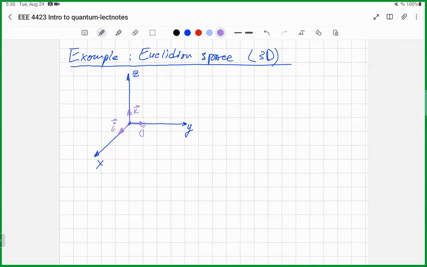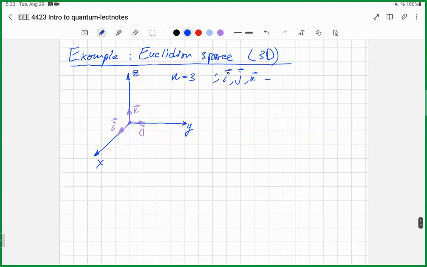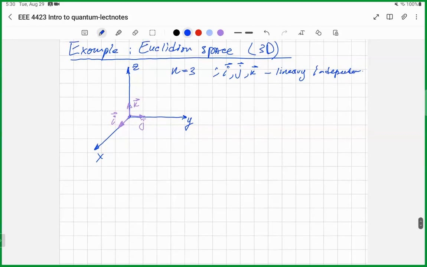So these are unit vectors that form the basis for our space. So this space is three-dimensional. i, j, k are linearly independent. That's why we can use these unit vectors as the basis for our space, right?